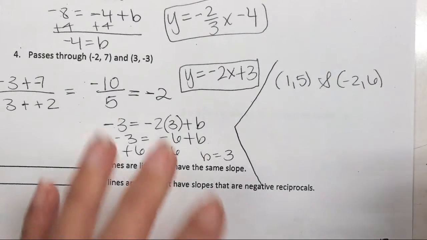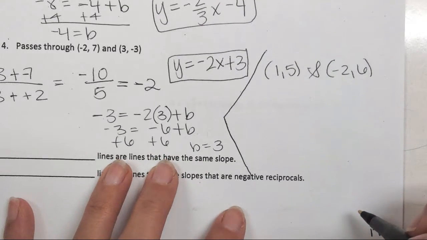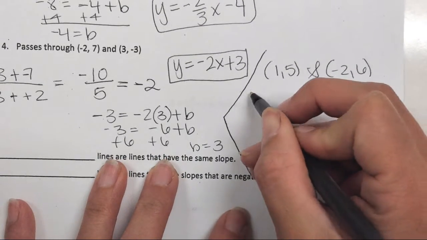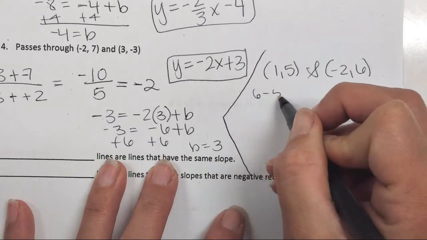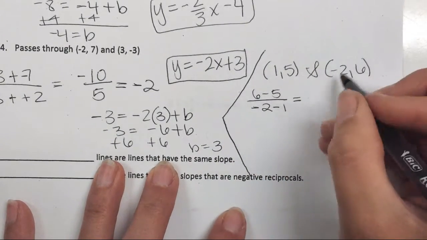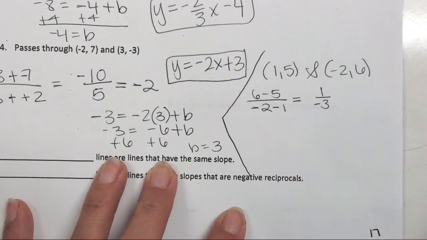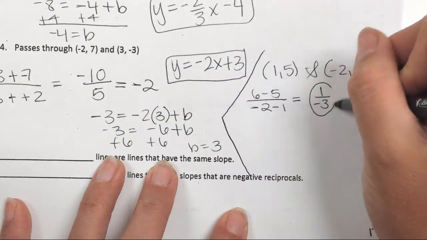Okay. Tell me what we have to find first. Alright, so tell me how you find that. 6 minus 5 over negative 2. Good. So the top would be 1, the bottom negative 3, so negative 1 third. Did everybody at least get that part? That's our slope.